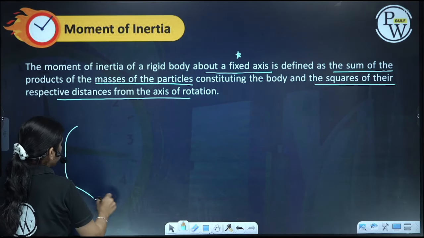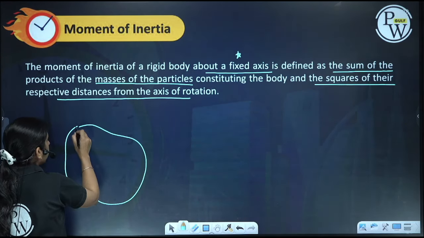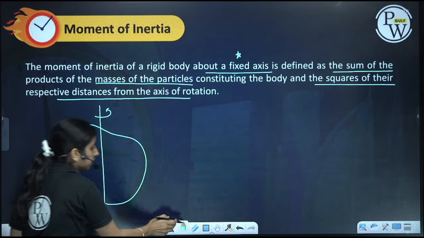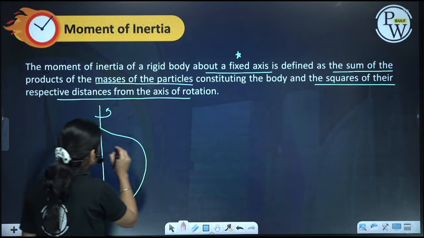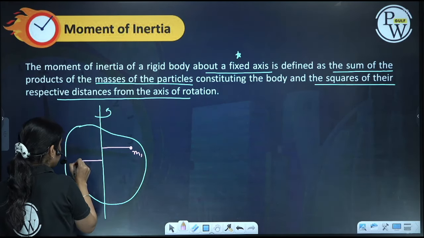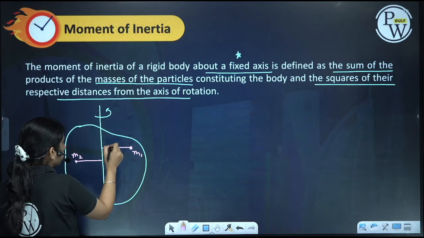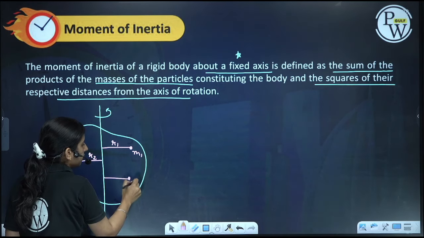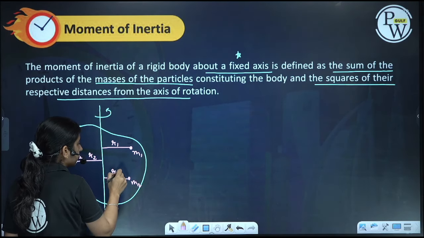Okay, so if we have a rigid body and it is rotating about this axis, all the particles are also rotating. Let us assume that it is made up of n number of particles, m1, m2. m1 is at a distance r1, m2 is at a distance r2. Similarly, mn is at a distance rn.